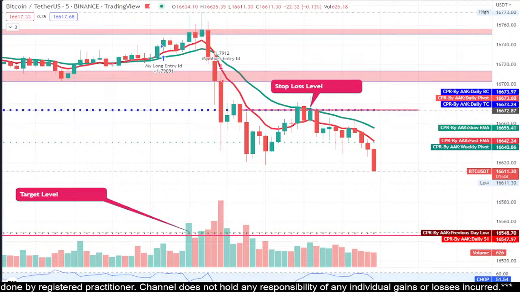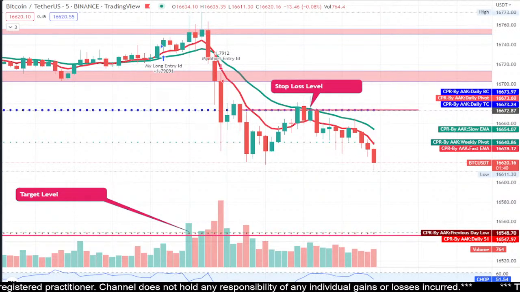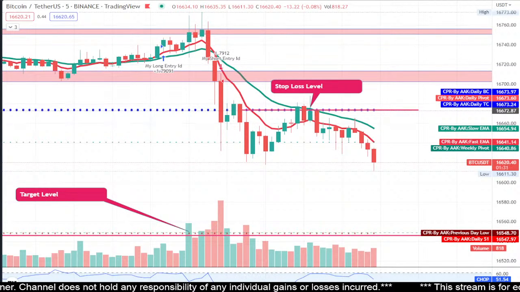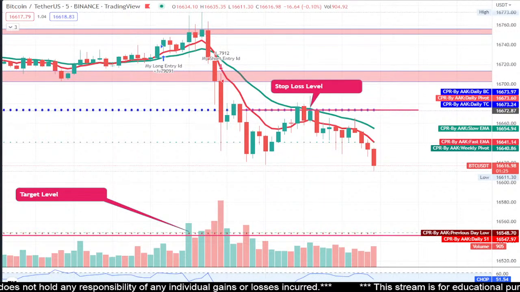All right, so here we go. We have just broken the day's low and created a new low from 617 to 610. That is the current low right now. And there's a slight retracement of the price to 620, though it will move down.